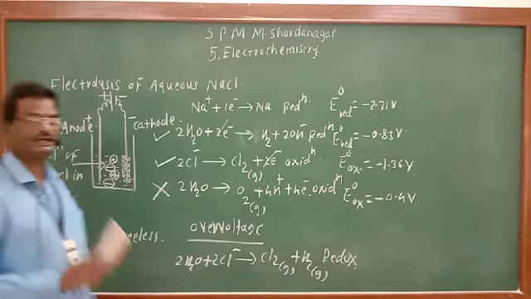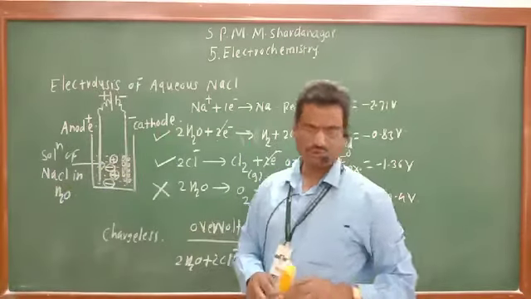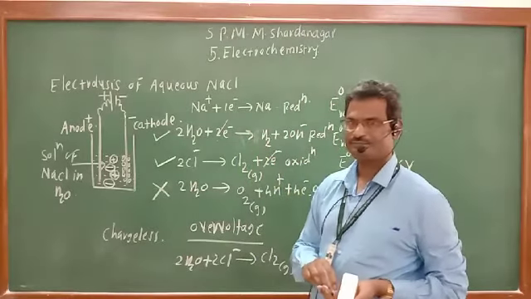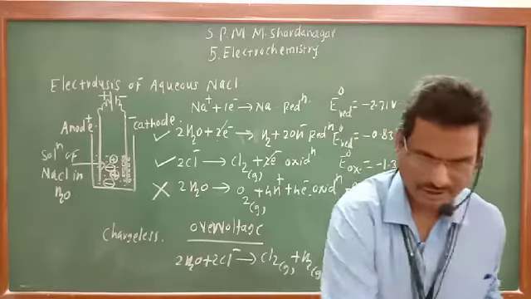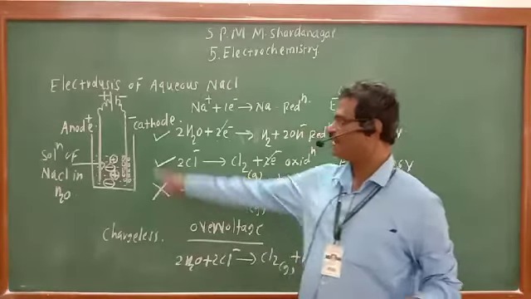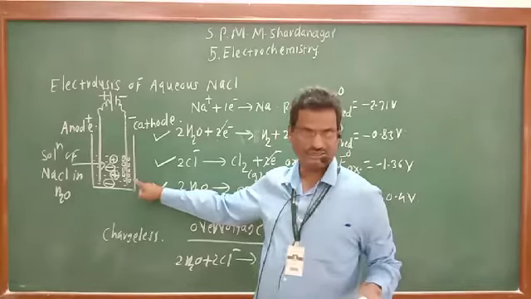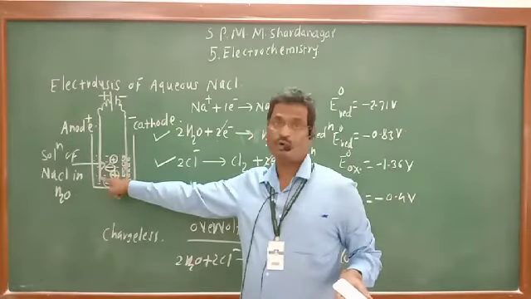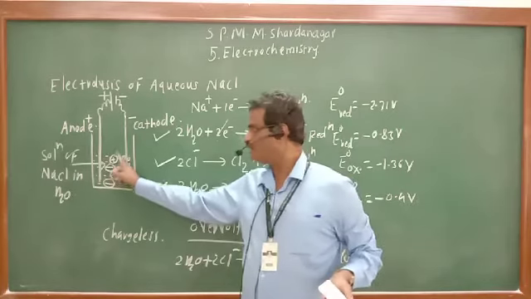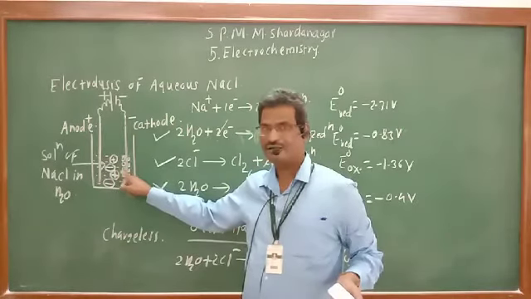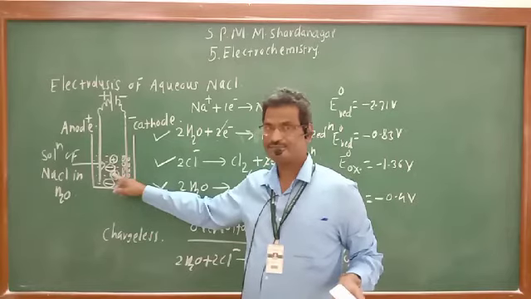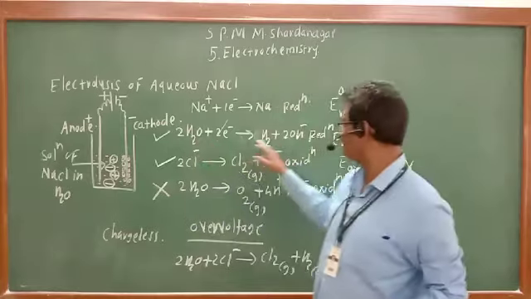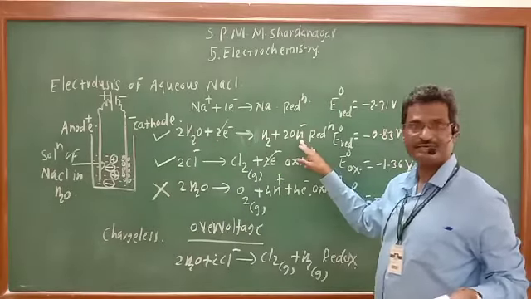So what are the conclusions of electrolysis of aqueous NaCl? The conclusion is that at the cathode, hydrogen gas is evolved. At the anode, chlorine gas is evolved. And what is present in the solution here? Na⁺ ions are present and OH⁻ ions are present near the cathode. Near the cathode, where reduction occurs, OH⁻ ions are there.